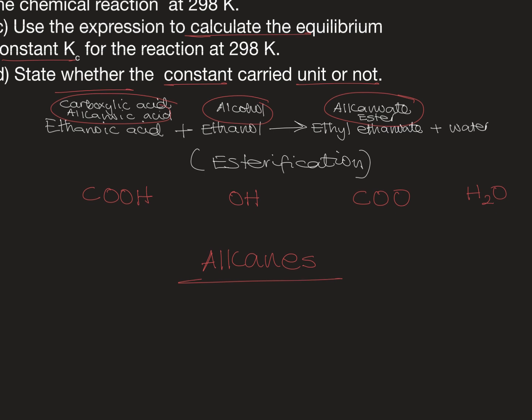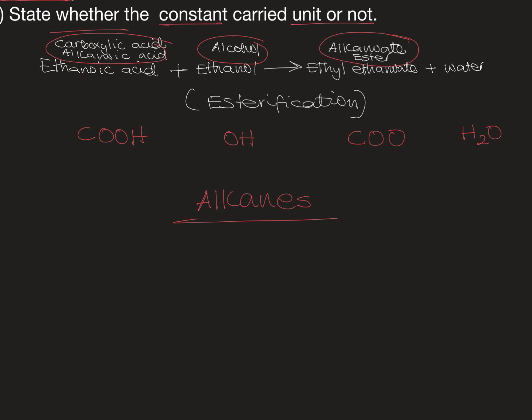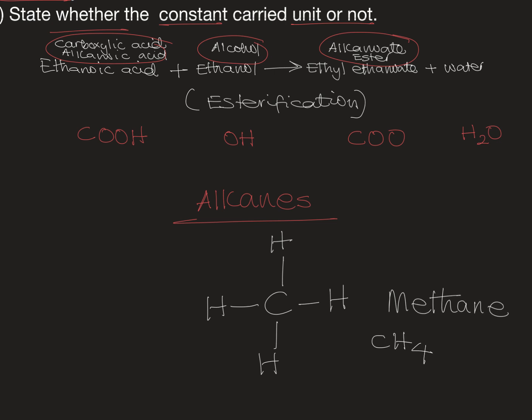Now, for an alkane, let me just give you one example. If I have this compound that is just having a single carbon, it is what we call methane. So the chemical formula will be CH4. That is, it contains one carbon with 4 hydrogens.